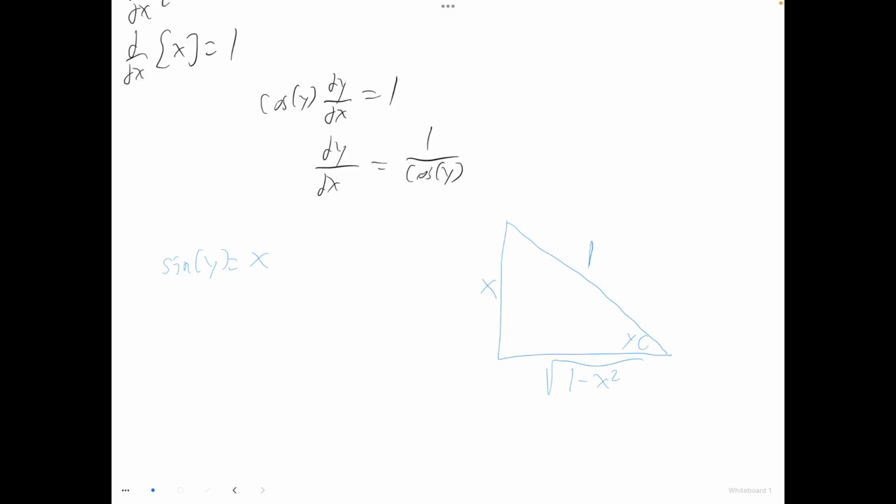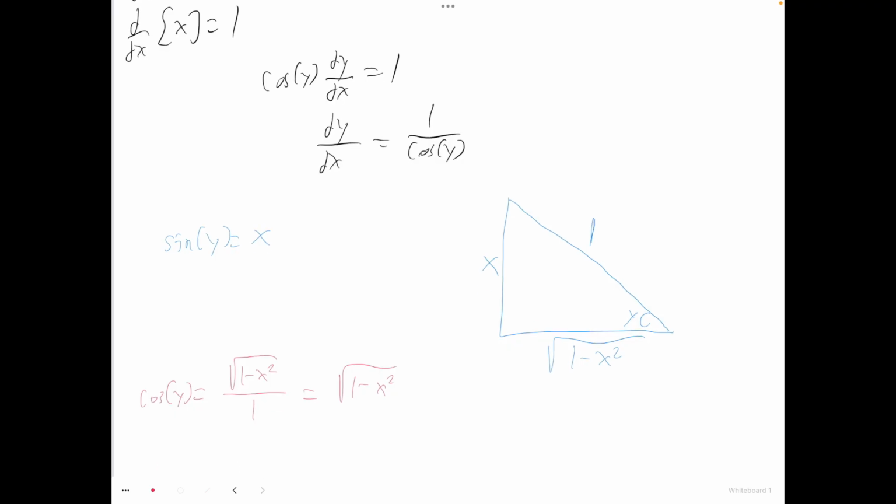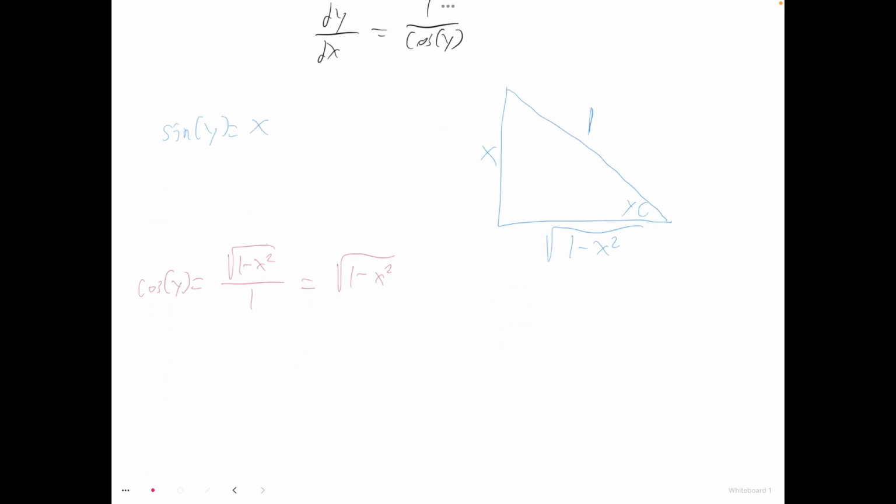But now we can use cosine's formula, which is adjacent over hypotenuse, to get cosine of y. And so using this triangle, cosine of y must be the adjacent side, which is square root of 1 minus x squared, divided by the hypotenuse, which is 1. So we just get square root of 1 minus x squared for cosine of y.